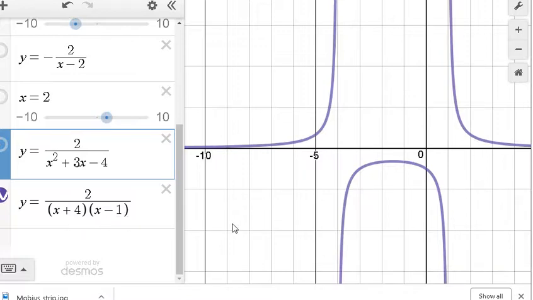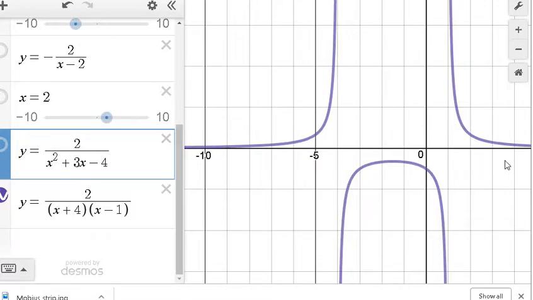You can't divide by 0. And we're seeing that same kind of problem here that we saw with the graph of 1 over x. You're getting a vertical asymptote when you divide by 0. That's why you're getting these spikes here. So not only does this graph have 2 vertical asymptotes, but it also has a horizontal asymptote of y equals 0.